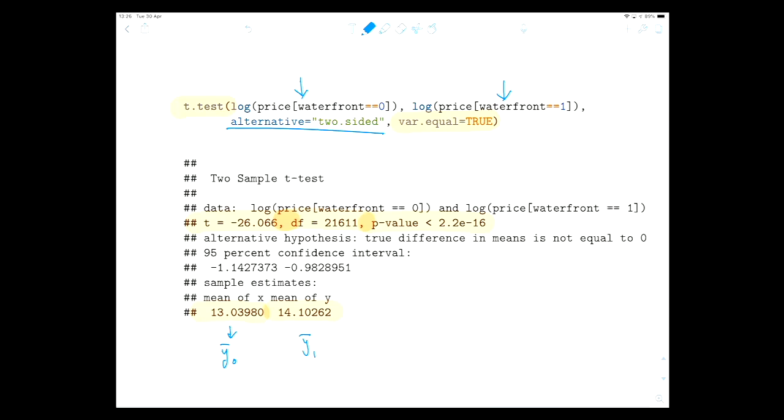It in fact also calculates a confidence interval for the difference. That confidence interval is for the difference y bar 0 minus y bar 1.